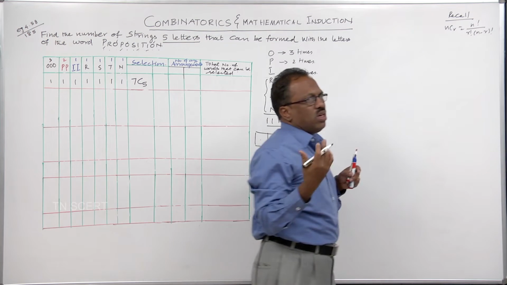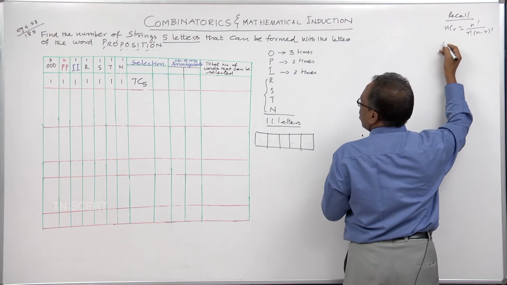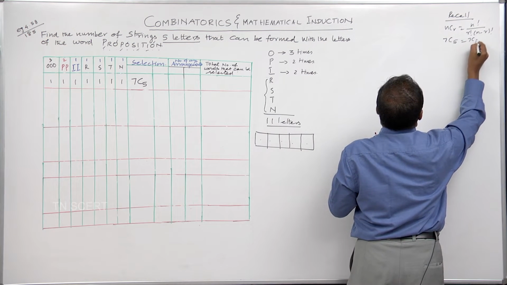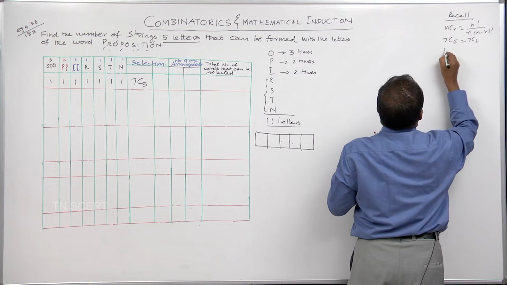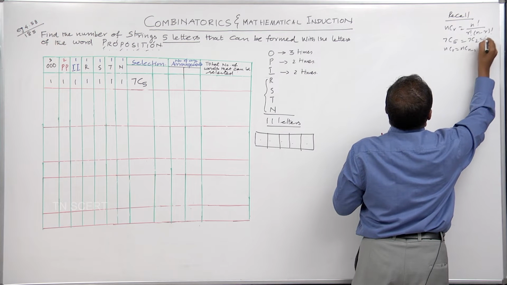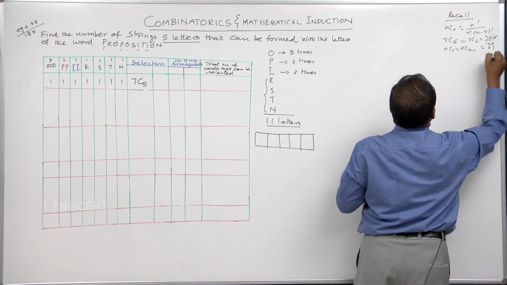For example, 7C5 is equal to 7C2, that is nCr equals nC(n minus r). So 7 into 6 by 1 into 2, it is 21 ways.